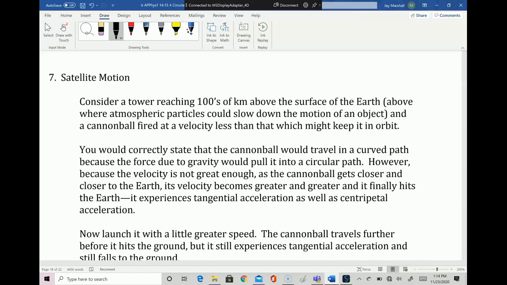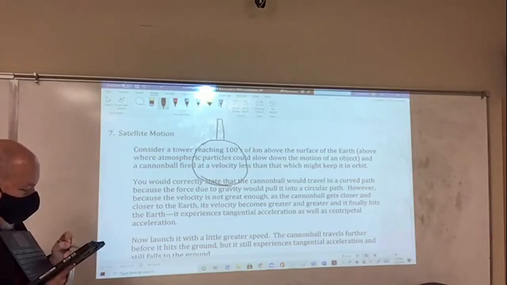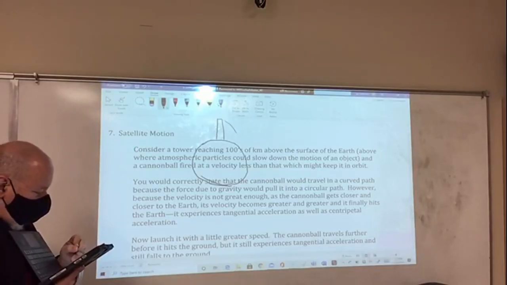If you think of a tower reaching hundreds of kilometers above the surface of the Earth, above where atmospheric particles could slow the motion of an object down, and you fired a cannonball at a velocity less than a velocity that might keep it in orbit, you're aware that that cannonball is just going to plummet to the Earth, right?